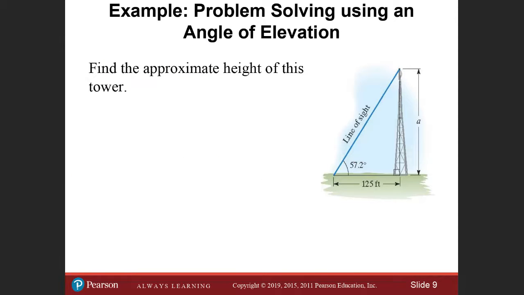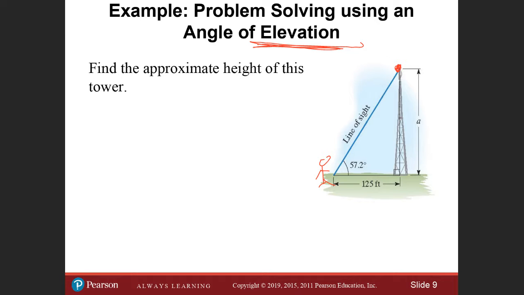Okay, here's the application problem. This is problem solving using an angle of elevation. So you're looking upward. You're pretending that you are here and try to look up, going to the tip of the tower. That's the line of sight.